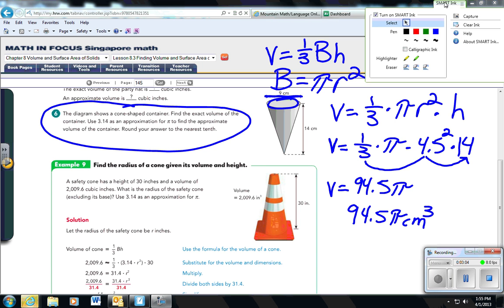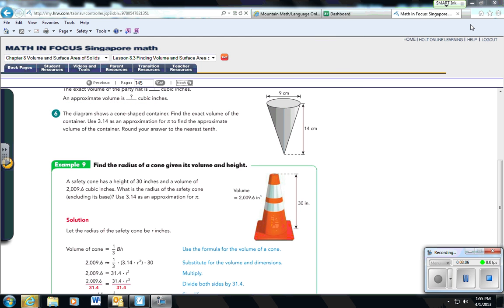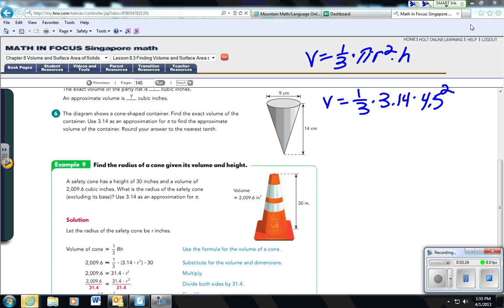So let's look at the approximating here. Again, volume equals 1/3 times pi r squared times the height. So now, for the approximation, we are going to use 3.14 for pi times the radius, which is 4.5 squared, times the height, which is 14. So now for the approximation, we are replacing the pi symbol with 3.14.